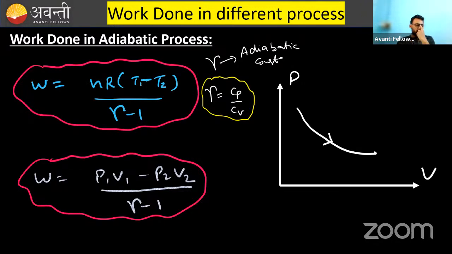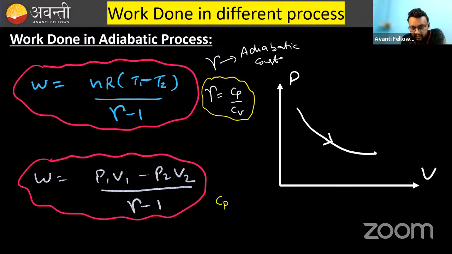Now, how many of you know what Cp is and what Cv is? Anyone knows that? Say yes or no. No, sir. Okay, you don't know Cp and Cv. Okay, let me explain.